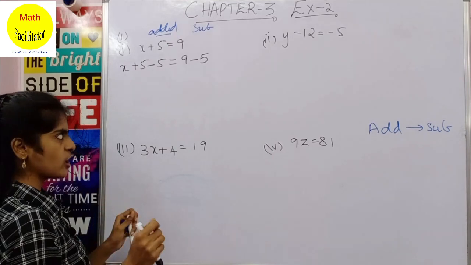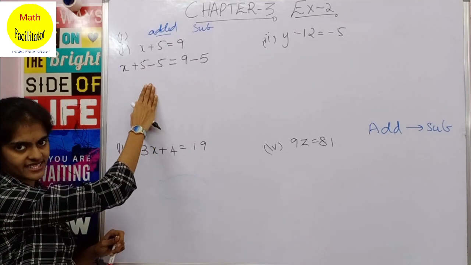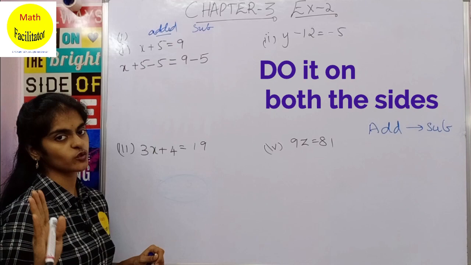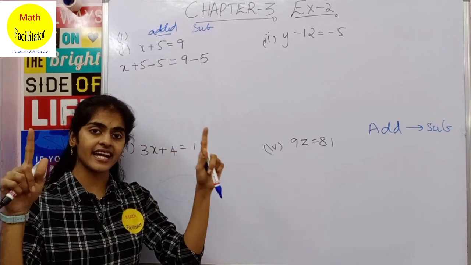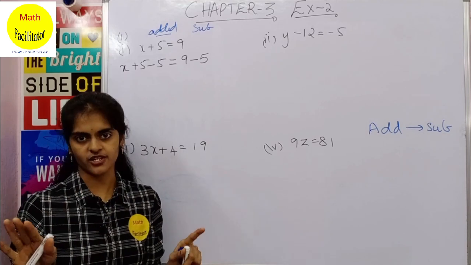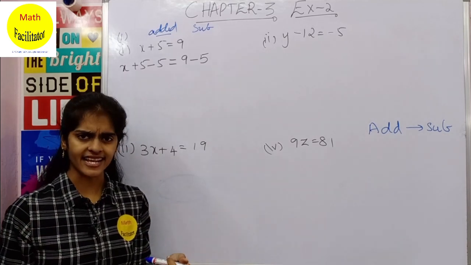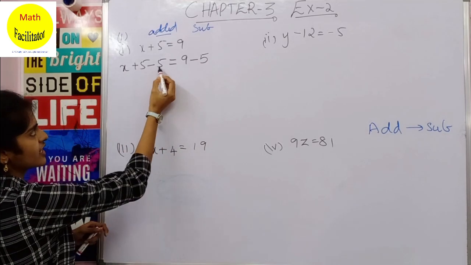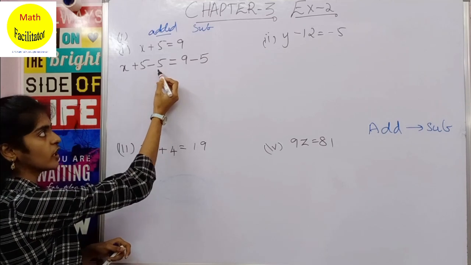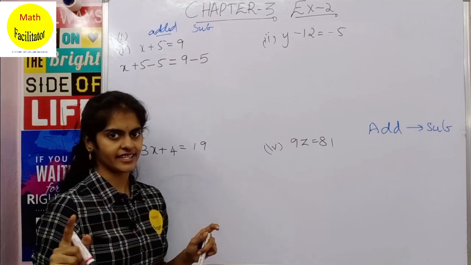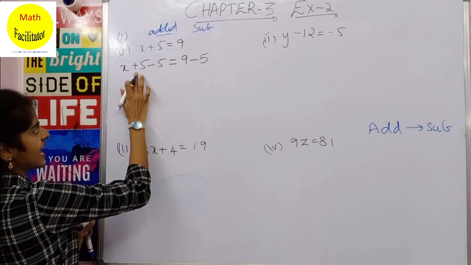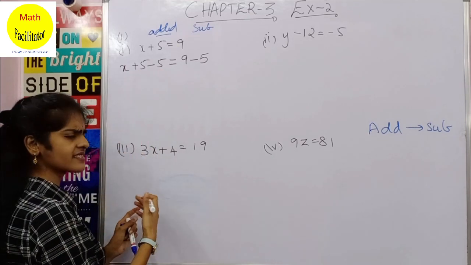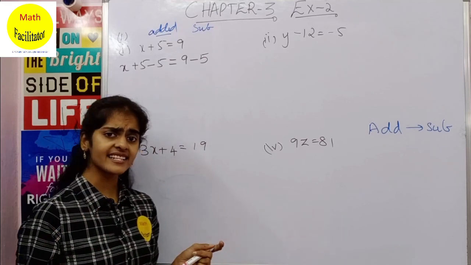When you are doing some adjustment on one side, you have to do the same adjustment on the other side also, so that the value of the entire equation does not change. Is it clear? Am I making sense? So when you are subtracting 5 on the LHS, you will also subtract 5 on the RHS. Don't forget this step. Now what happens? x plus 5 minus 5, plus and minus 5 gets 0.